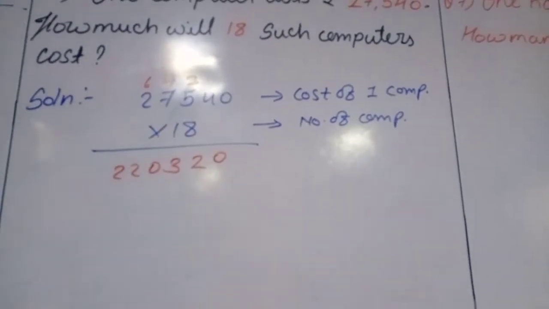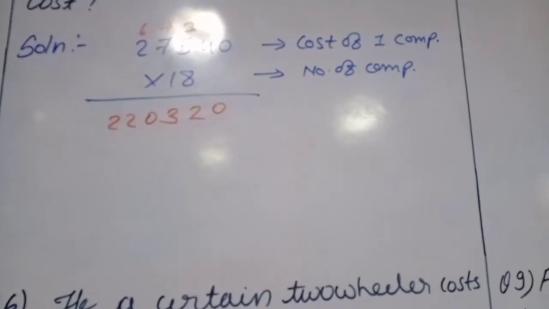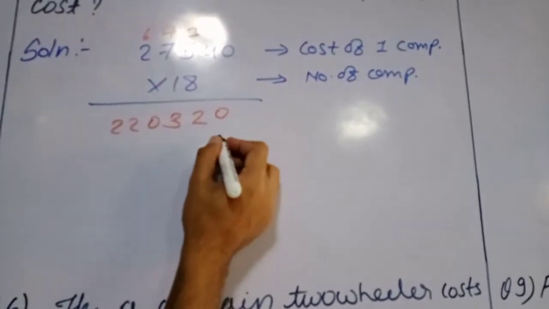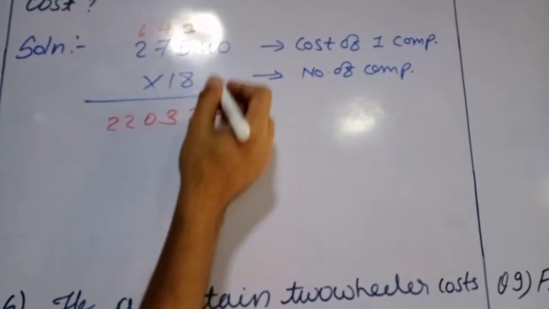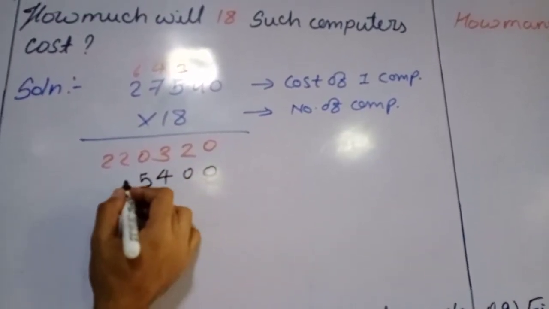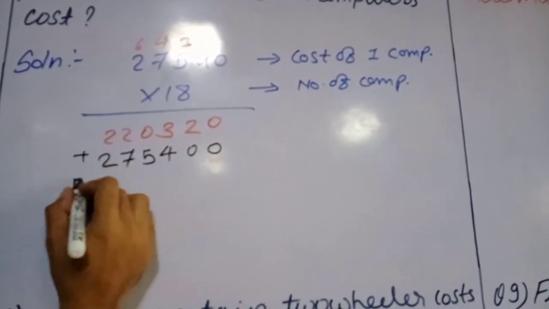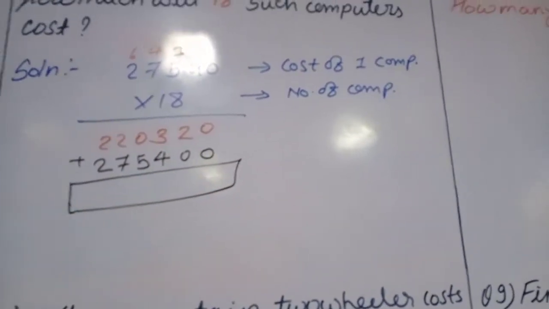Now we have to multiply by the 1 that is at the place of tens. So we have to put 0 at the unit place. Again 1 zeros are 0, 1 fours are 4, 1 fives are 5, 1 sevens are 7, 1 twos are 2. Now we have to add these two numbers.